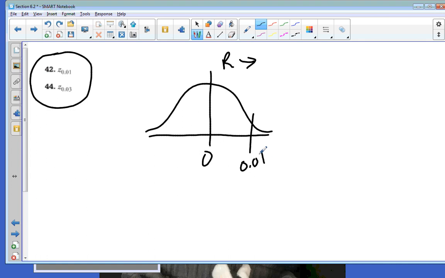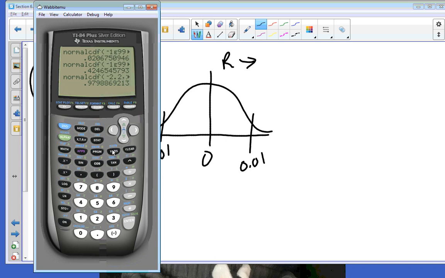And I'm looking for area. So remember, on my calculator or my table, it's this area that it's going to be referring to. Or remember symmetry, and I could really look for negative 0.01 or put that into my calculator, and it would be the same area on both sides.